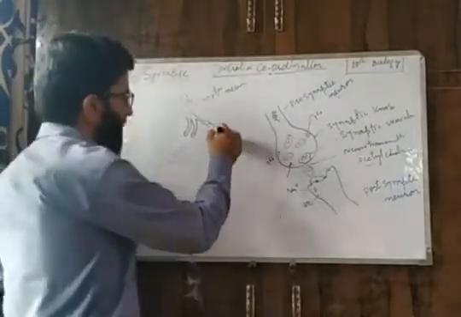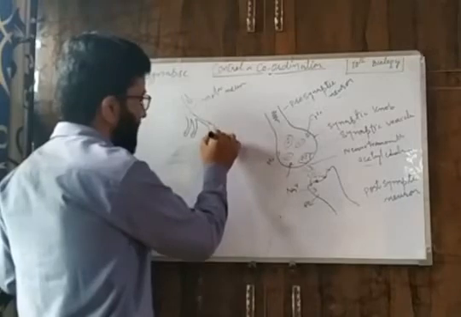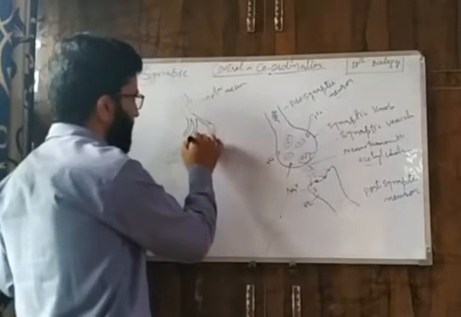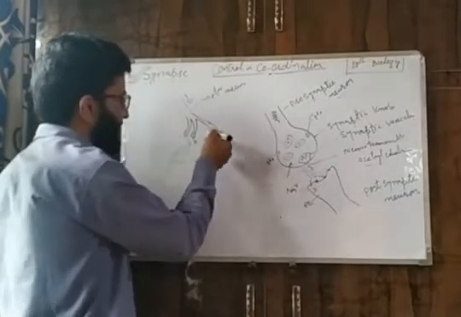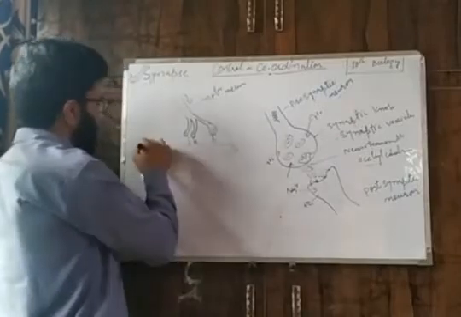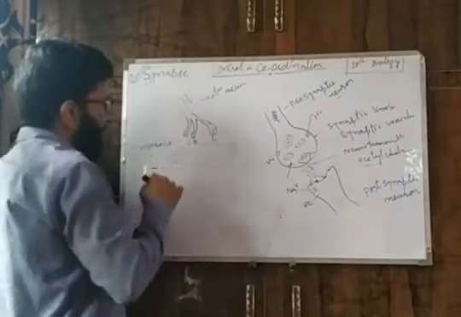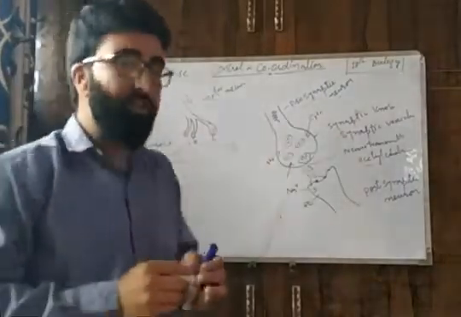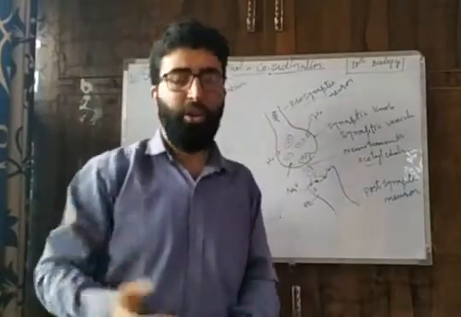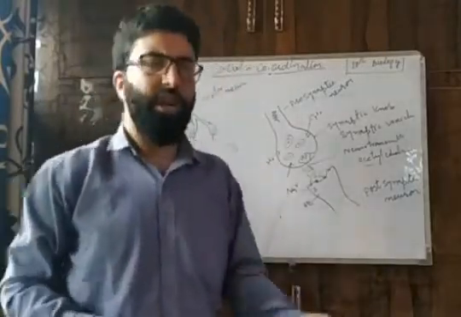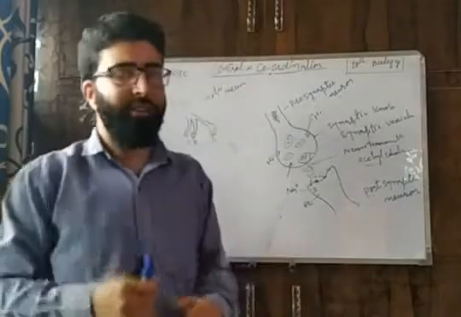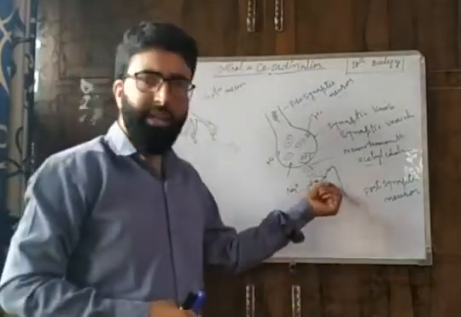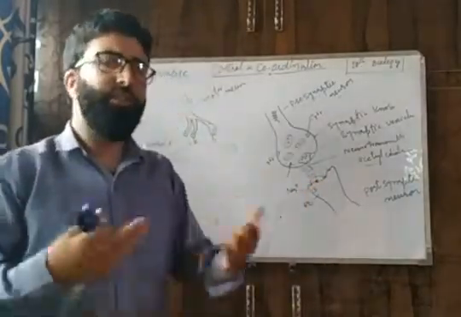It releases the chemicals. When these neurotransmitters reach the plasma membrane of the muscle, which is called the sarcolemma, it depolarizes it, it will stimulate it.